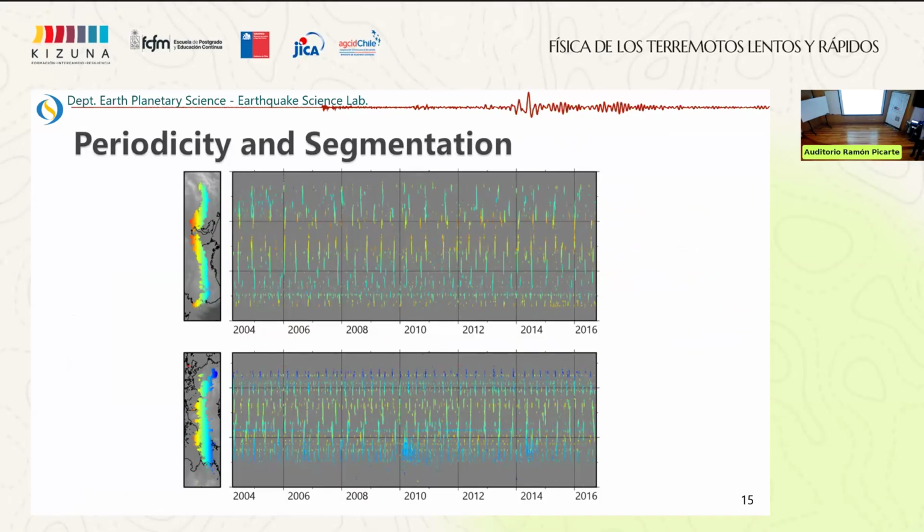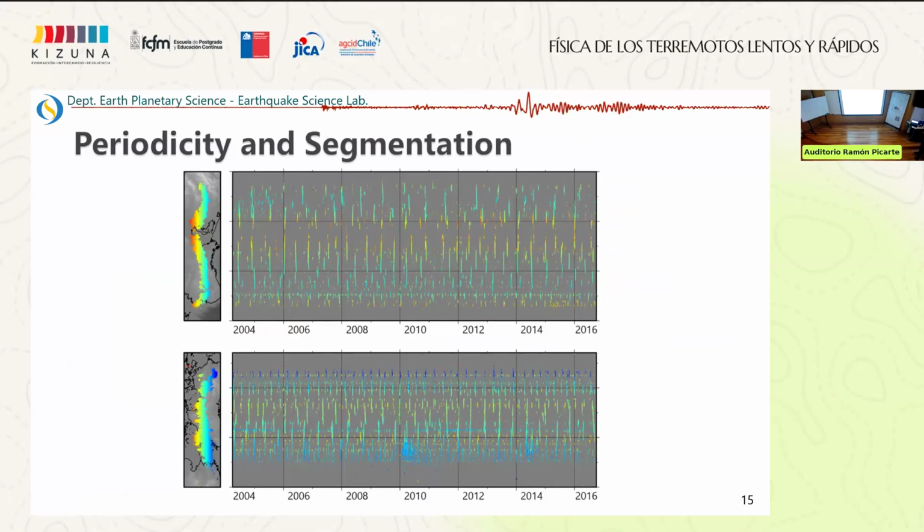These are slow earthquakes. The major phenomena are these 3 things: tectonic tremor, very low frequency earthquakes, and slow slip events.